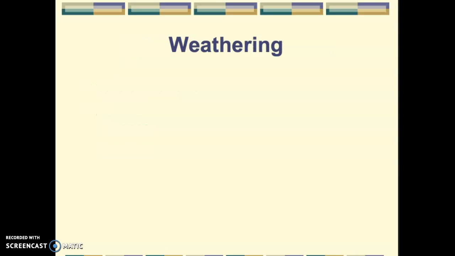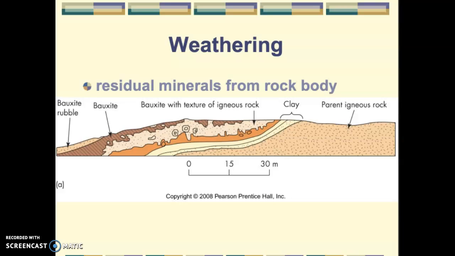Weathering is another process that can produce concentrations of minerals. This shows something called residual minerals from a rock body. So the parent igneous rock is on the right. And in this case, that igneous rock has concentrations of aluminum that wouldn't be mineable and wouldn't be in a form that would be easy to get out of the rock.